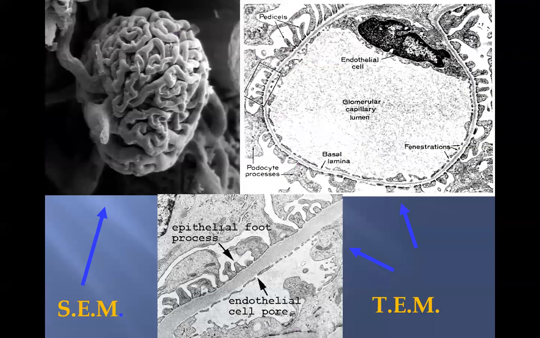Now, this visceral epithelium has foot processes, which are called podocytes. Okay? Clear? This is very important because if you understand the basics of this kidney, then all the diseases will be easier for you. These are all podocytes. Now, podocytes sit in such a way that there is a gap between the foot processes.